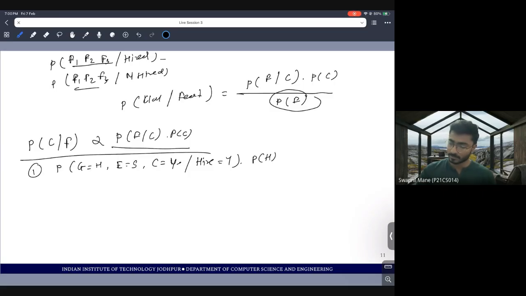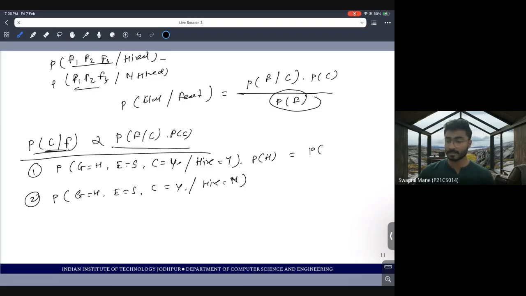So this term we need to calculate. The second is the probability of the class given these features. Here also the same conditions, confidence is S, given that hired is not equal, is N, that means not hired, into the probability of not hired.